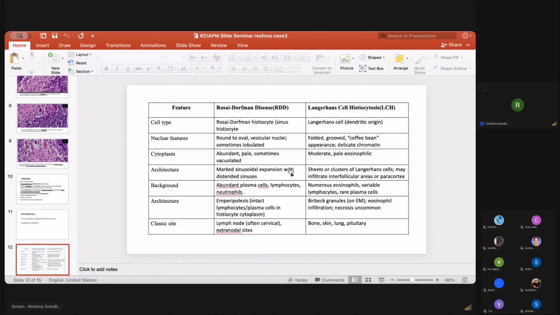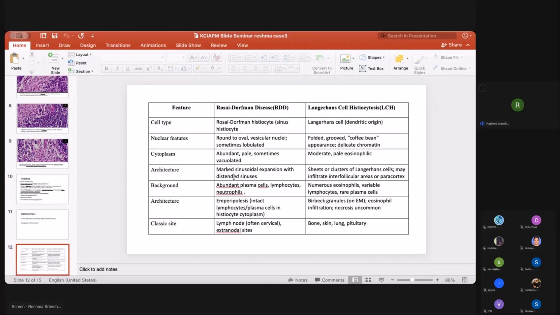In Rosai-Dorfman disease, the nuclear features are round to oval, vesicular nuclei, sometimes lobulated, with abundant pale and vacuolated cytoplasm. But in LCH, nuclei are folded, grooved, with coffee bean appearance and moderate to pale eosinophilic cytoplasm.